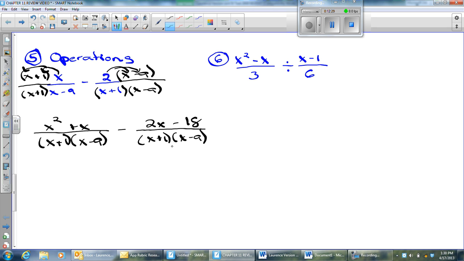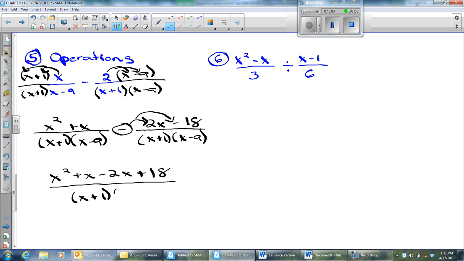Okay, now we're going to subtract. When we subtract, you cannot forget this minus sign has to go to the 2x and to the negative 18. You have to distribute that minus sign. So we're going to have x squared plus x minus 2x plus 18 all over the quantity of x plus 1 times the quantity of x minus 9.